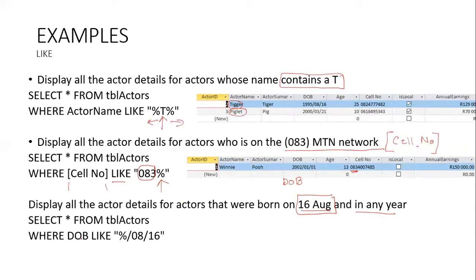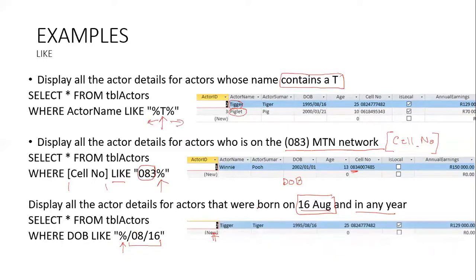We are saying where the date of birth is like, and this is where the percentage is, and the rest of it is fixed, the 08/16. And because we are treating it like a string, you will notice that I did not make use of the hash. I've not enclosed it between hashes because like works on a string and I'm treating it like a string. So that works. And if you run that, then you will find that we've got Tigger, who's born on the 16th of the 8th month, which is August, and the year was 1995.